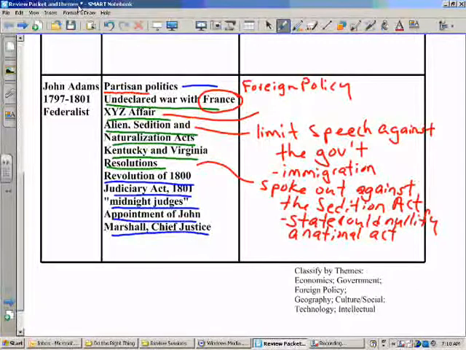But then he had to deal with something that John Adams was able to accomplish prior to leaving his office, and that was the Midnight Judges. What John Adams was able to do was appoint his new Chief Justice, John Marshall, who was a Federalist, and he was able to appoint other judges to positions in the national government under the judiciary system.